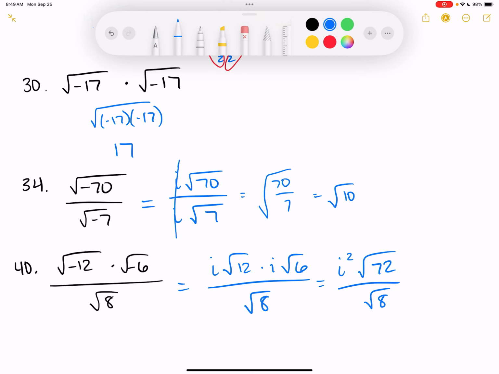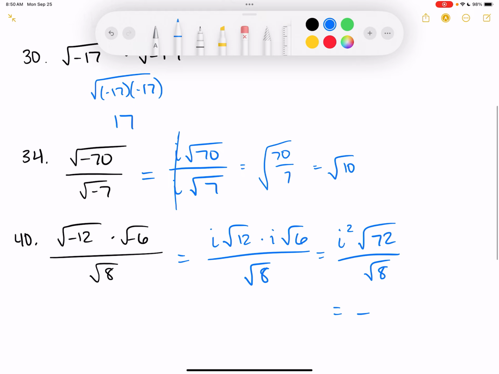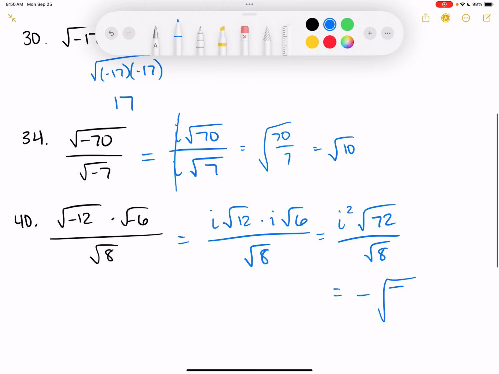So the whole thing's going to become negative. So negative, and then the square root of 72 over the square root of 8. That's basically doing one giant radical. What ends up being 9 underneath, so the square root of 9 is 3, so negative 3 is the final.